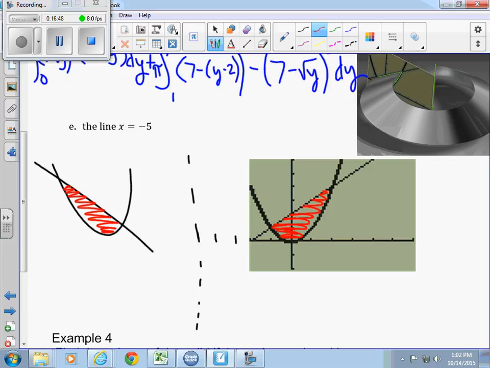Revolving around the line x equals -5. So, am I going to have to break this up? Let's look. If I'm at the top here, what's my inside circle?